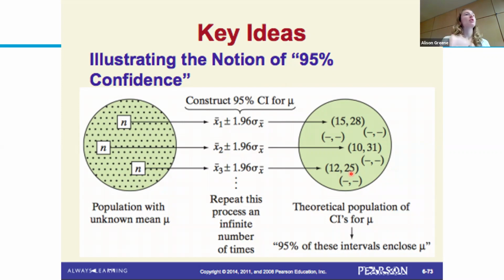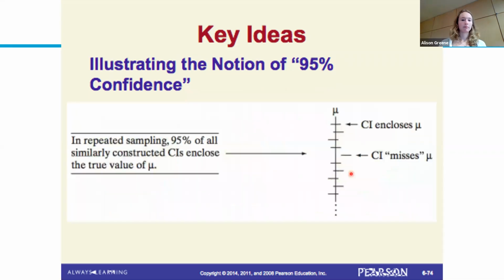It's that if you do this over and over again, we expect a 95% hit rate, or 95% of our intervals are going to capture what we're looking for. And then this just shows that same idea, just depicted differently. If this vertical bar is your true mean, and the horizontal dashes are different confidence intervals you calculate, we see many of them capture it, but some of them might miss sometimes.